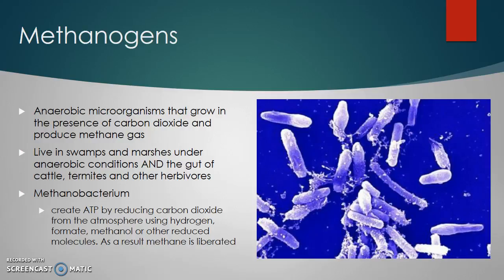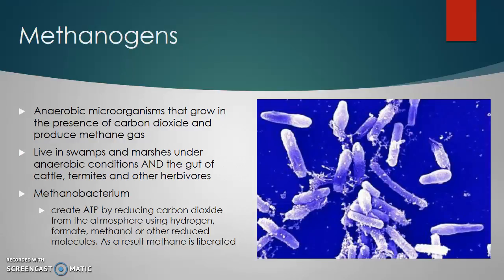The first type of archaea that we're going to talk about are methanogens. We have a picture right here of some methanobacterium. Methanogens are anaerobic microorganisms that grow in the presence of carbon dioxide, and when they're introduced to this carbon dioxide, that helps them metabolize and produce methane gas.